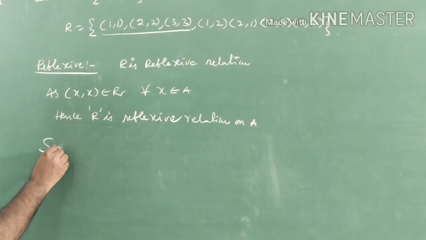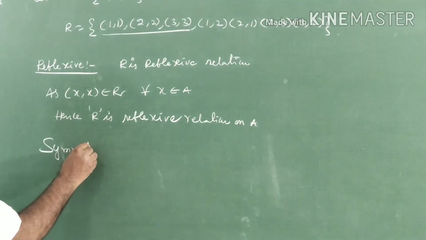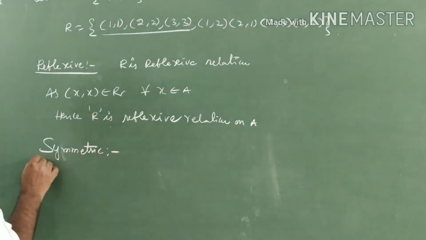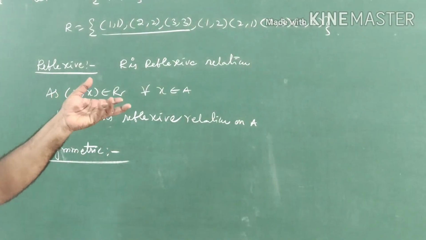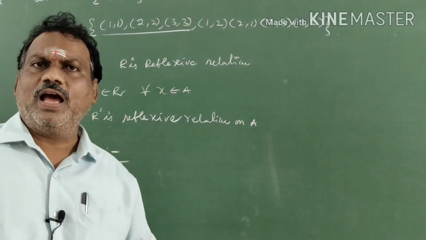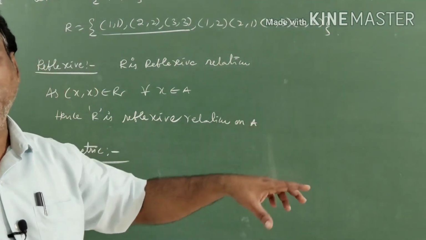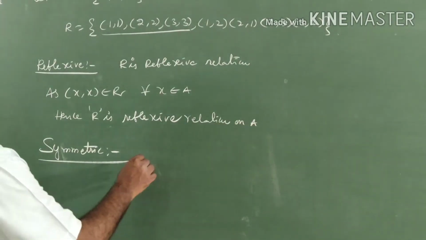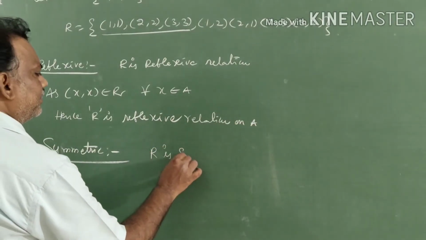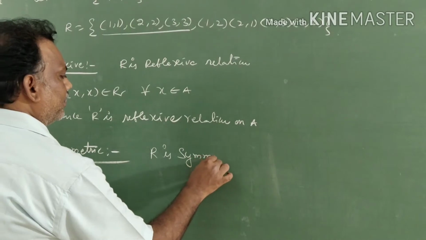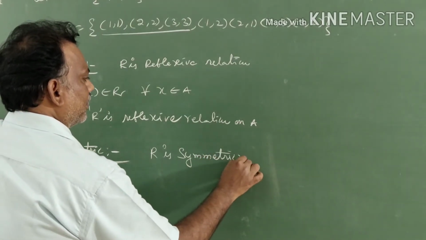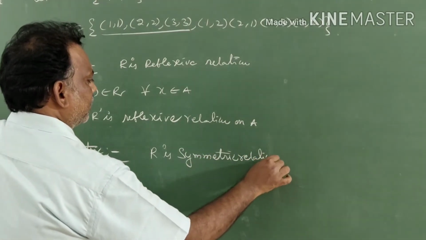Now we have to check the symmetric. We checked it: ordered pair (a, b) is present and (b, a) also should be there. That's why R is a symmetric relation.